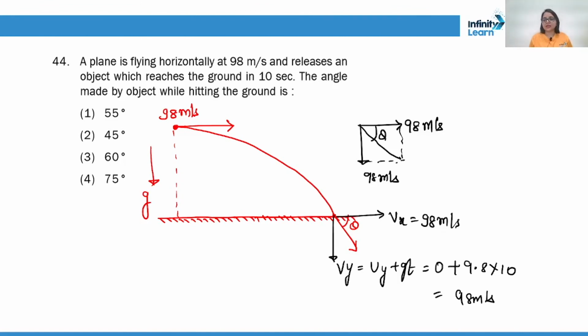So using this triangle you can find tan theta as Vy upon Vx, which is 98 divided by 98, equal to 1, and tan theta is 1 when the angle is 45 degrees, which is option 2.